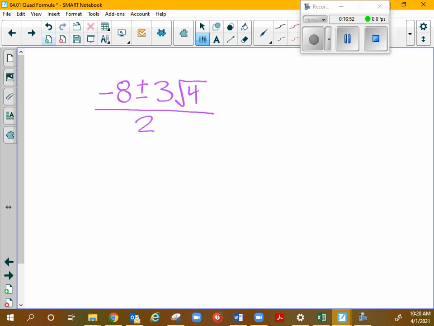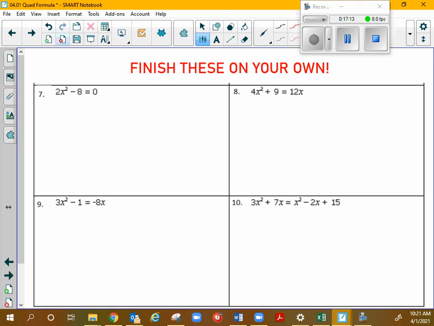I can't simplify that. Why would I not be able to simplify that? The 3, they both have to be divisible. If I had negative 8 plus or minus 4 root 4 over 2, that works. They both have to be divisible. Okay.